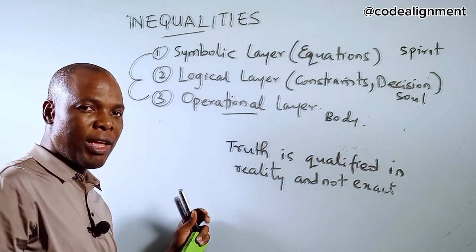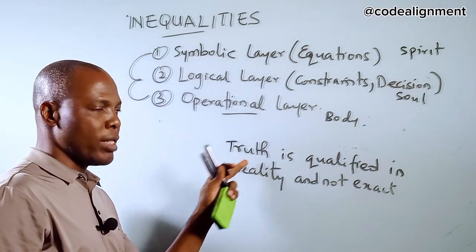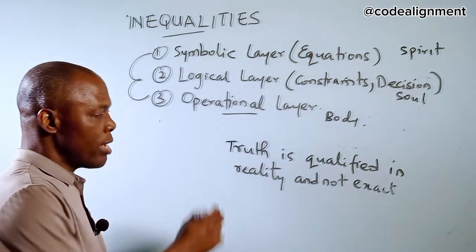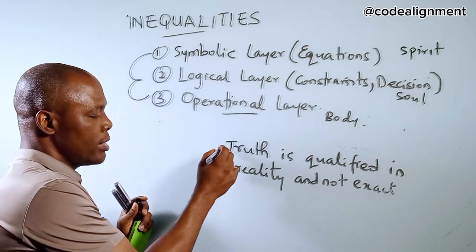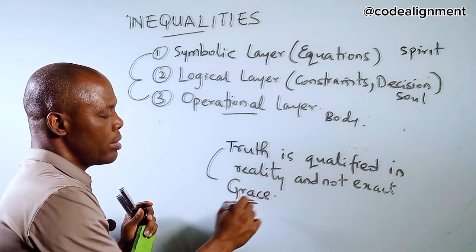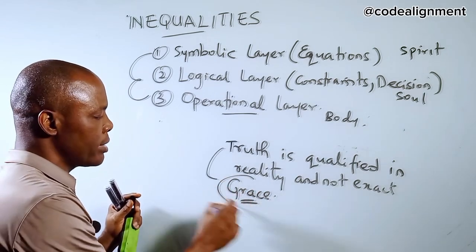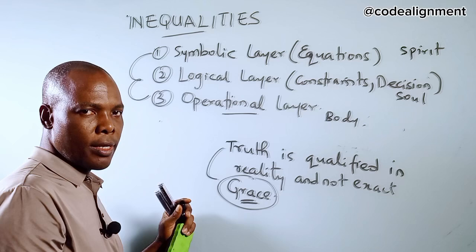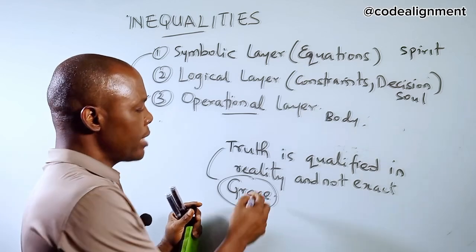We are looking at range. We have a threshold. That's what I want you to understand. So in this physical dimension, we are looking at this. And this is where you understand the concept of grace in religion, the Christian religion. We are looking at grace, right? So that is the concept.